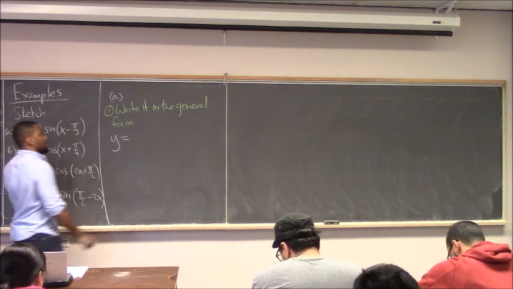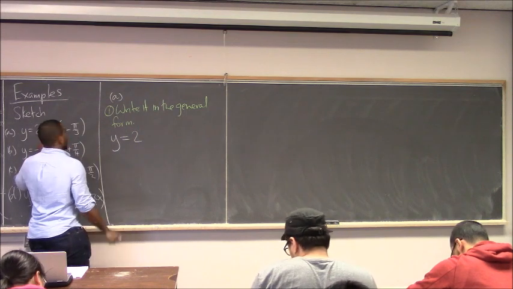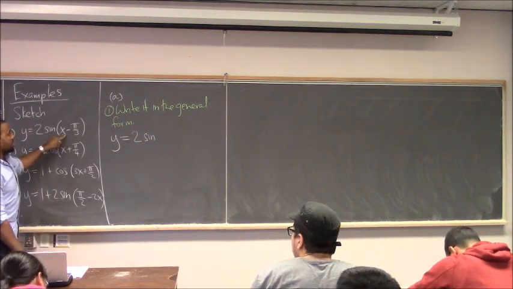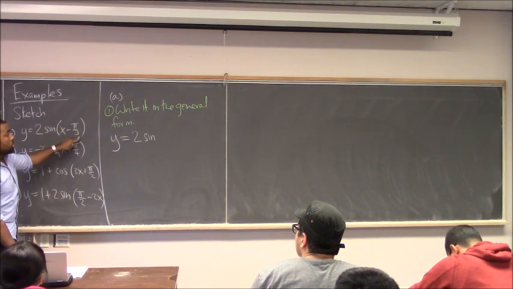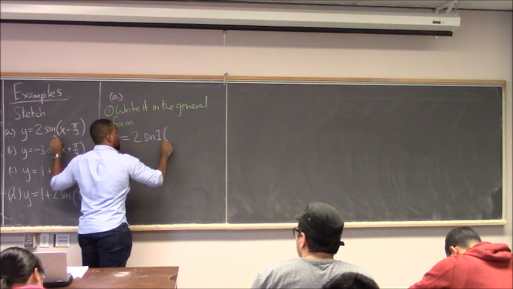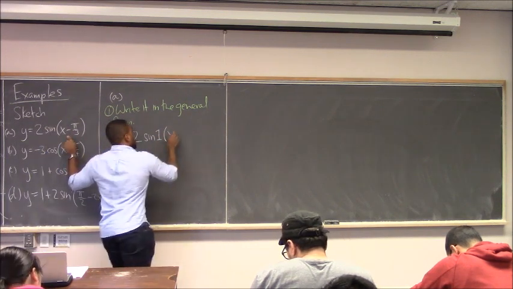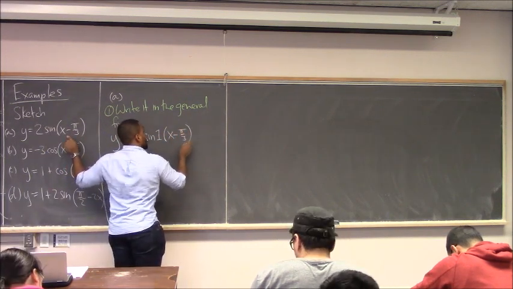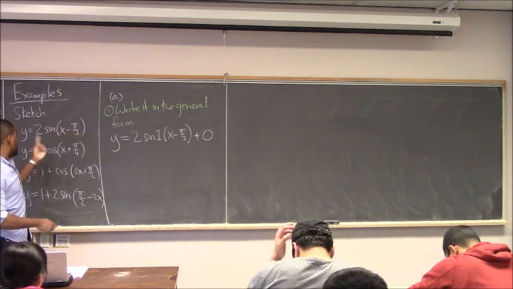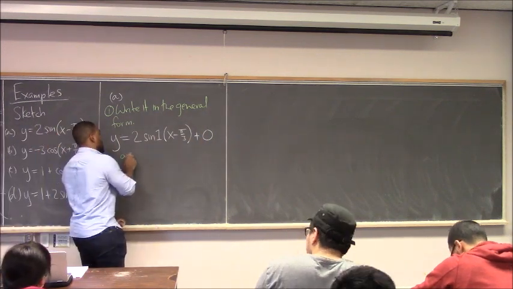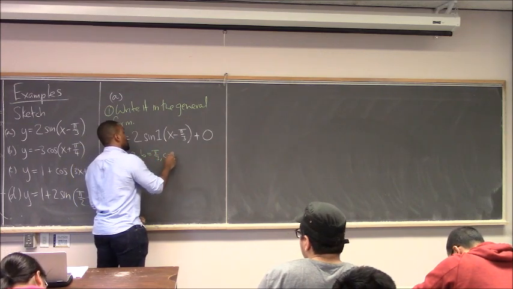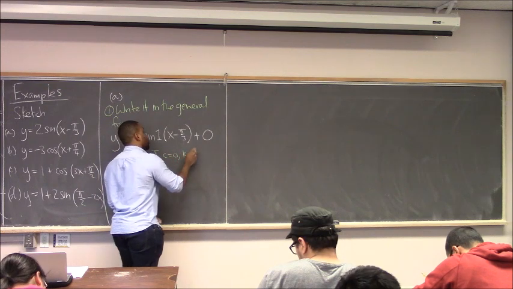Clearly here is the A, that's the 2, sine. Now, remember in parentheses there was x minus b, so that's definitely the b. Who's the k? Well, the k would be 1 times x minus pi over 3. Of course, this is plus 0. So immediately now you can see for this particular problem, our a is 2, our b is pi over 3, our c is 0, our k is 1.